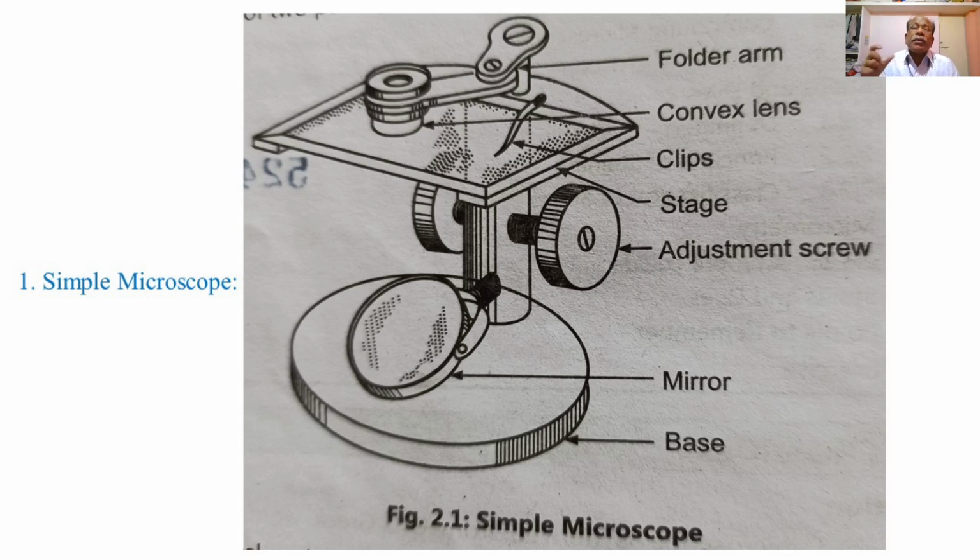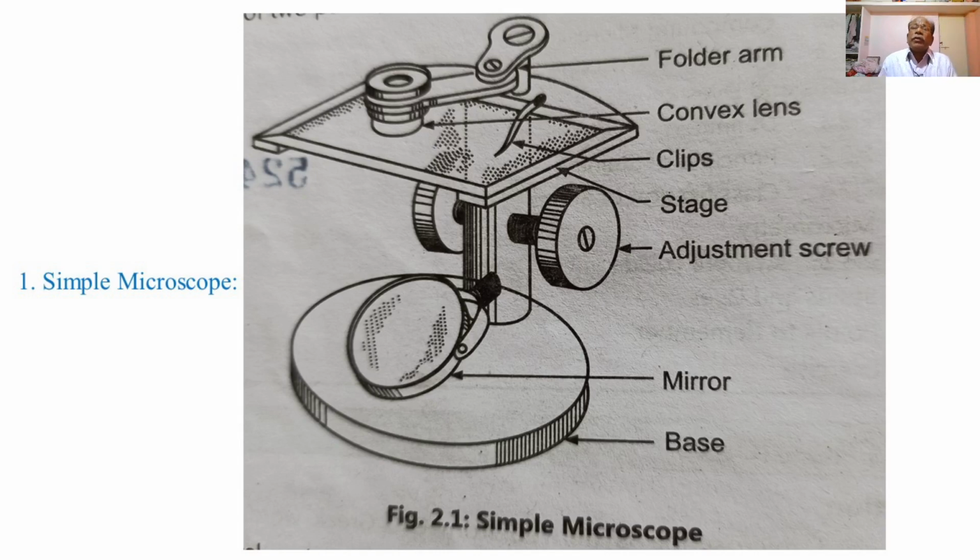It has different parts: the base, then the adjustment screw, then the mirror, then the stage, then clips to hold the glass slides containing the study material, and on the top side a folding arm, at the end of which there is a lens.